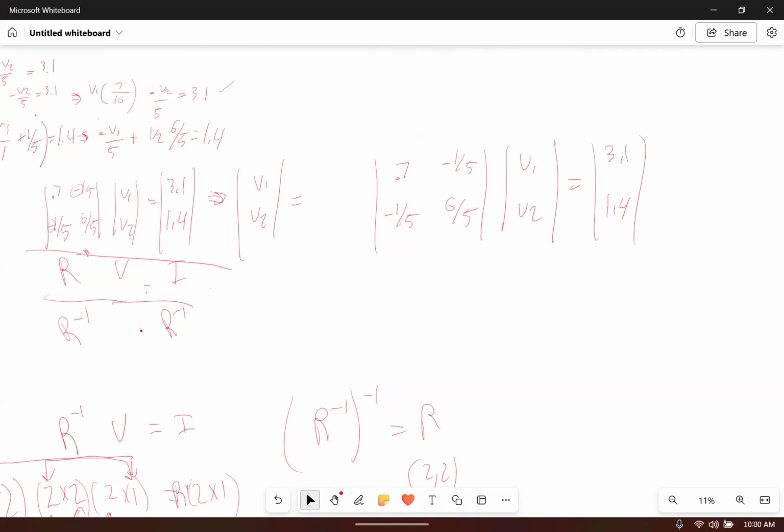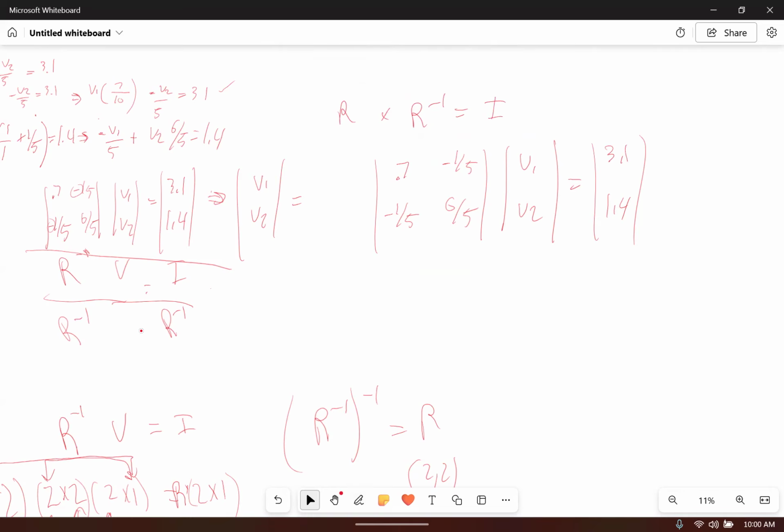Now I'm going to pre-multiply both sides by the inverse. Do you know what you end up with when you multiply a matrix by the inverse of a matrix? You end up with the identity matrix, right? So if I multiply R inverse by R, I get the identity matrix, and the identity matrix is the same thing as multiplying by 1.